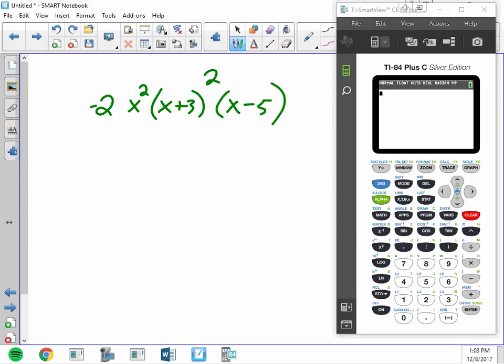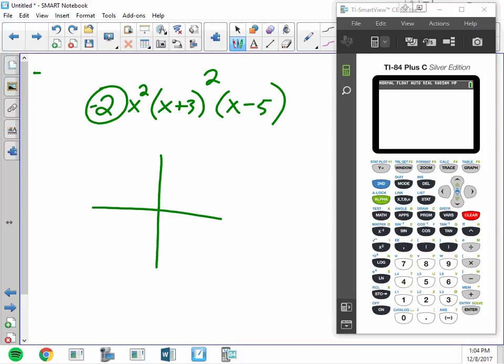I have 2 x's, so I have 2 zeros, 2 negative 3's, and 1 positive 5. Okay. Now 5 is odd, and I have a negative 2 out front. So is it going to be down up, or is it going to be up down? It's going to be up down. Left side's up, right side's down.